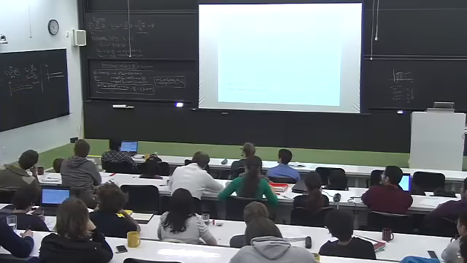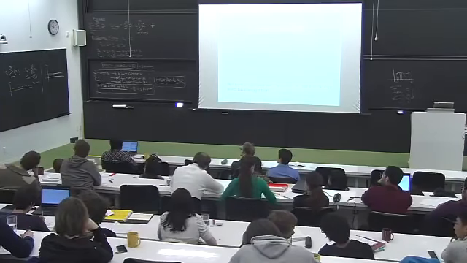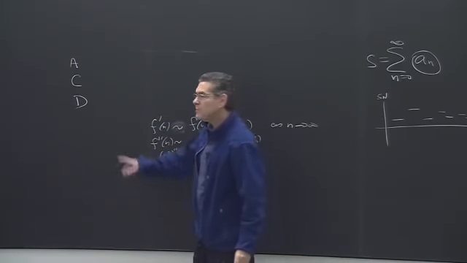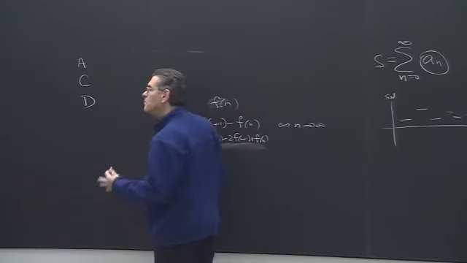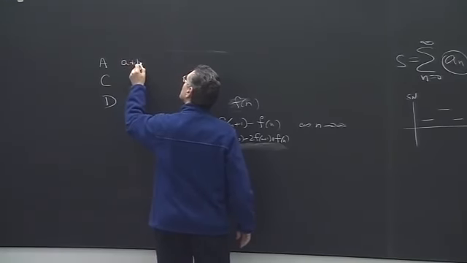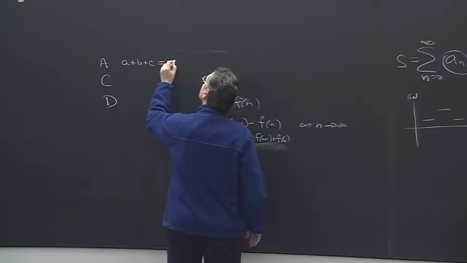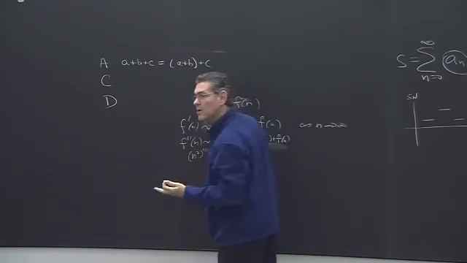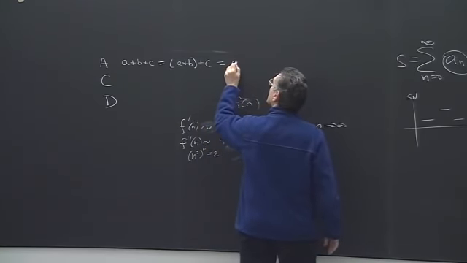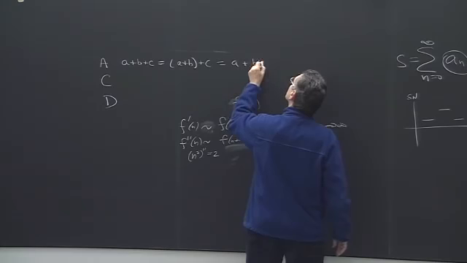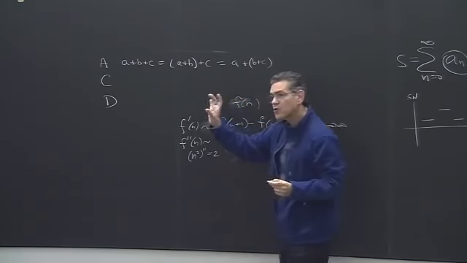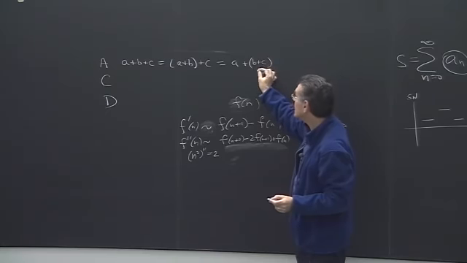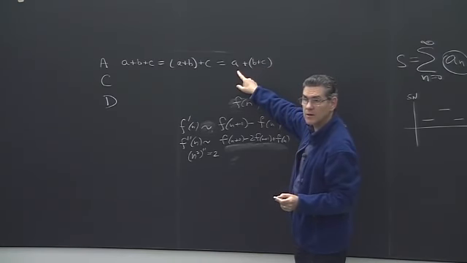You learned that arithmetic is associative and commutative and distributive, right? What do you mean by associative? You mean that if you have A plus B plus C, that's the same thing as A plus B plus C with different grouping. You can associate different numbers. You could first add the numbers B and C, and then add the number A if you wanted.